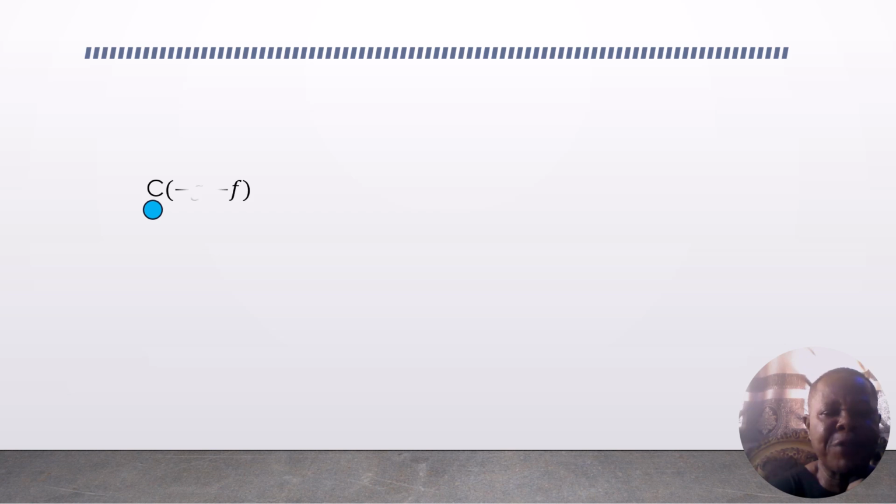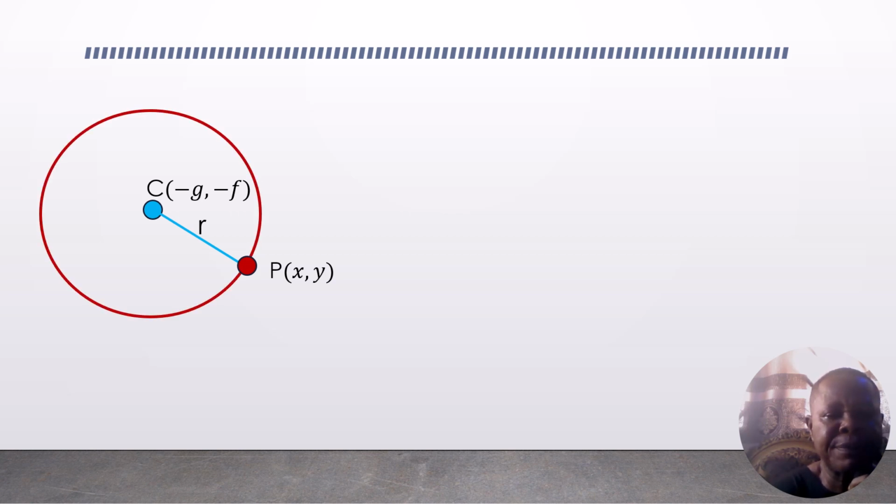Let this be the fixed point C with coordinate (-g, -f), and let this be the moving point P with coordinate (x, y). The distance of P from the fixed point C is r. If the point P moves in such a way that the distance r is constant, this circle will be formed.